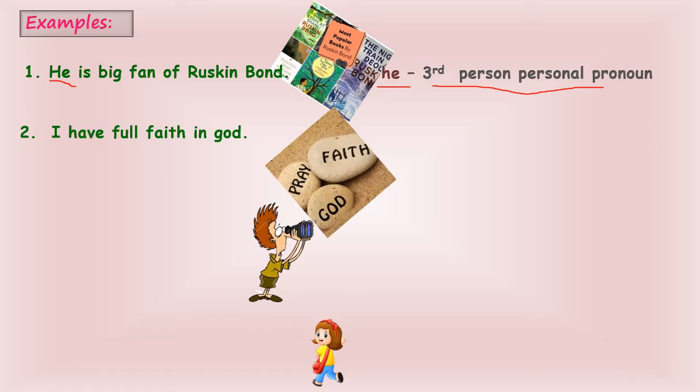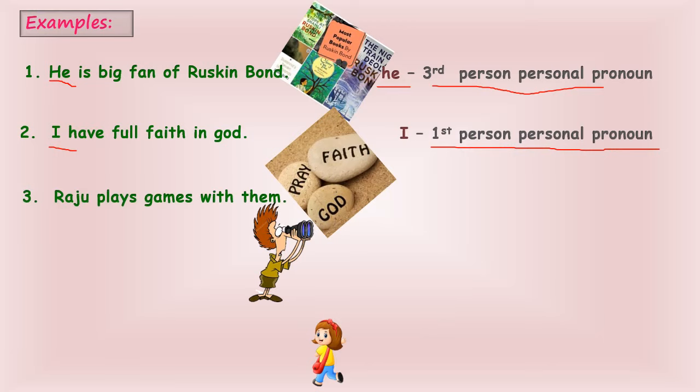Now the second one. I have full faith in God. What is the pronoun here? I. So I is a first person personal pronoun here. Now the third example. Raju plays a game with them. What is the pronoun here? Them. So them is third person personal pronoun.